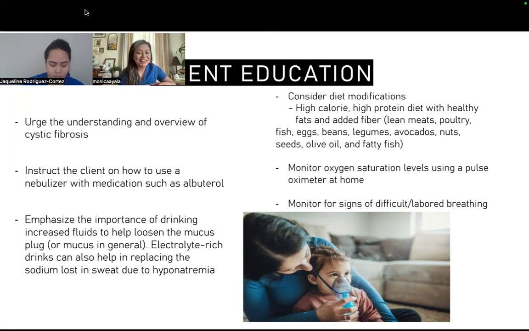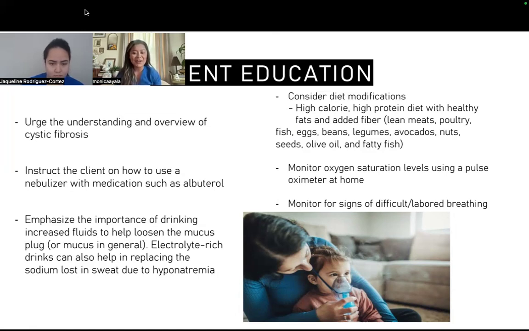Electrolyte-rich drinks can also help in replacing the sodium lost in sweat due to the hyponatremia. You also want to consider possible diet modifications, a high calorie, high protein diet with healthy fats and added fiber. So that's like your lean meats, your poultry, your fish, your eggs, beans, legumes, avocados, nuts, seeds, olive oil, your fatty fish.